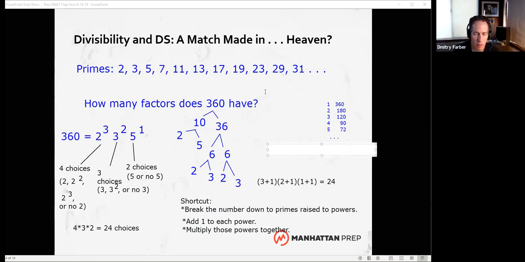So what if I wanted to do the total factors in 480? Take a moment to do that. When you think you have it, type it in.